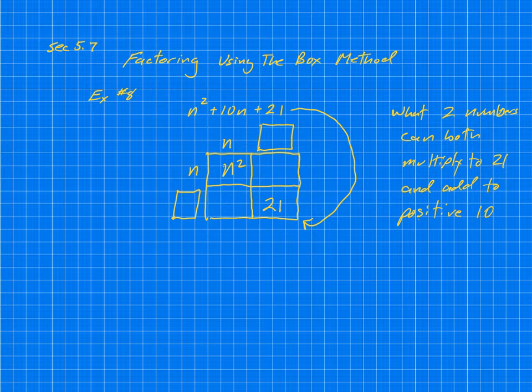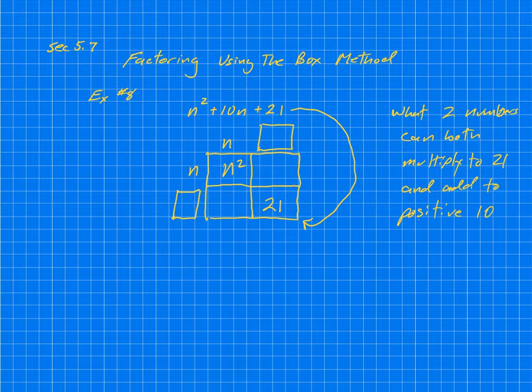This is the game that we have to play, and one of the ways that some people find helpful is to look at the numbers that multiply to become 21 and see if any of those number sets would also help me add to that middle term, plus 10.